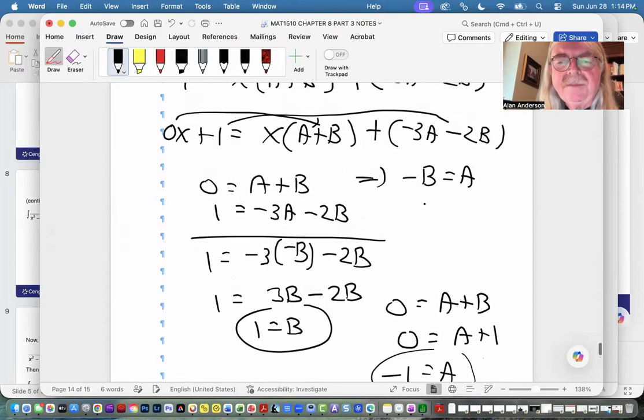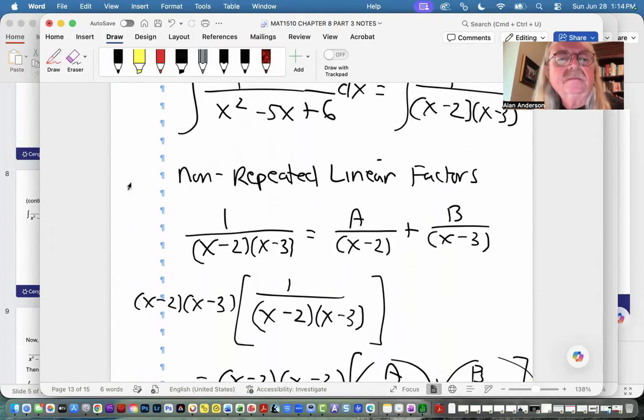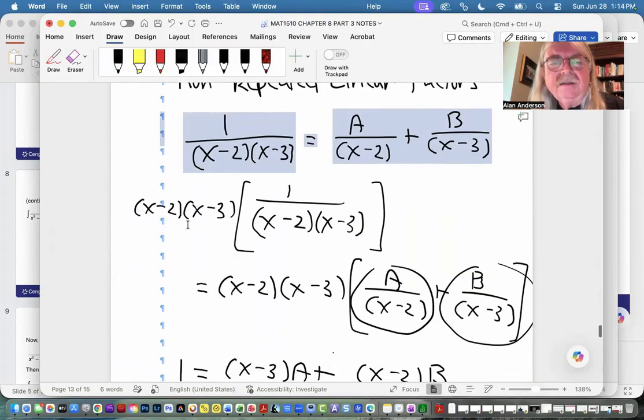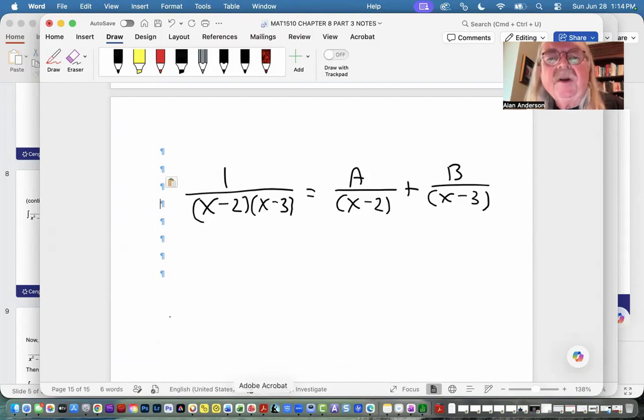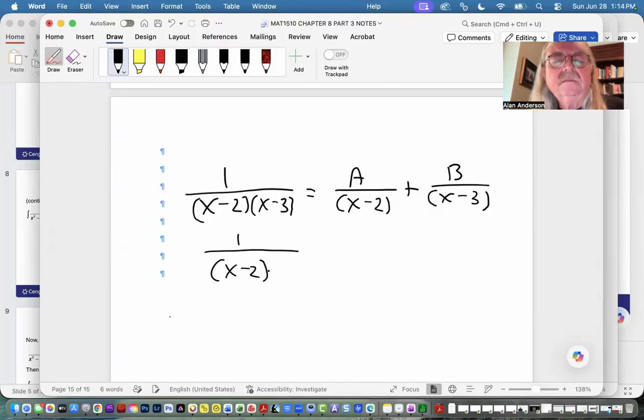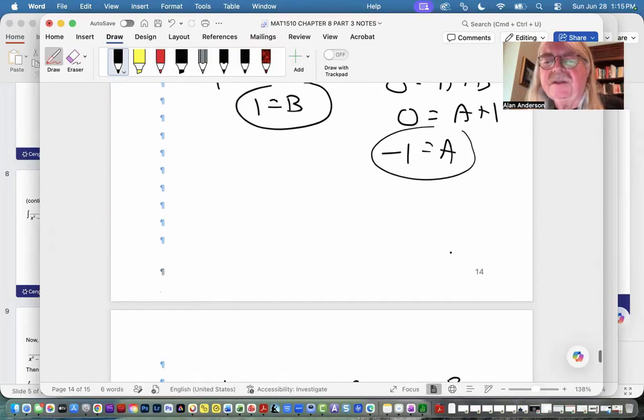So ultimately, what that means then is that if we come back here, we can rewrite this as, remember, we decided that A is negative 1. Sorry, B is 1, not 0, 1.